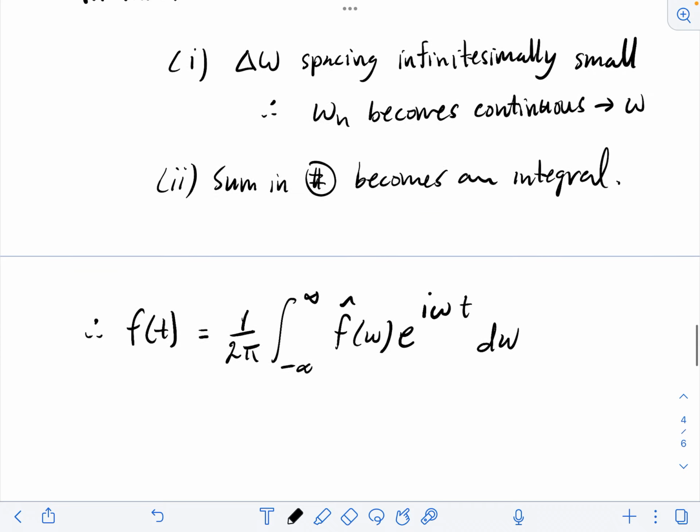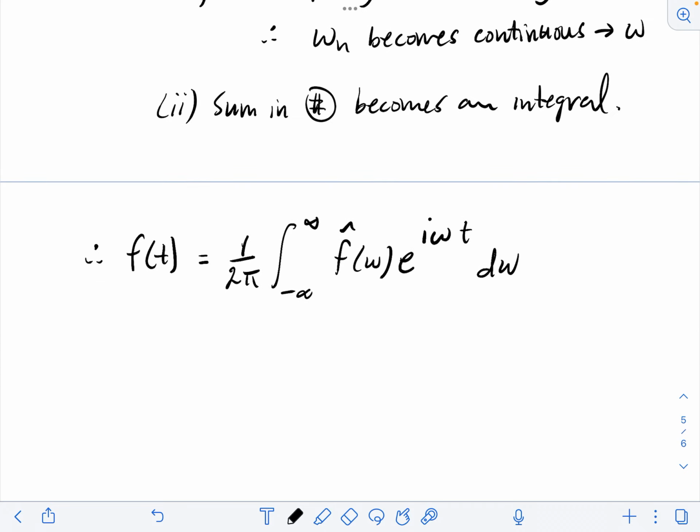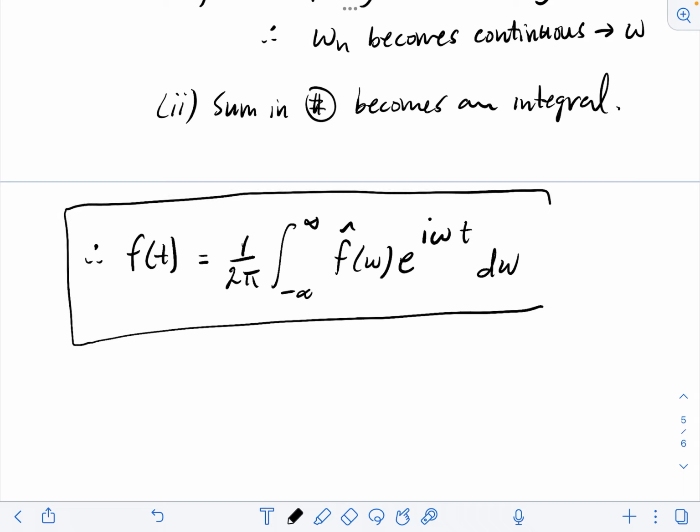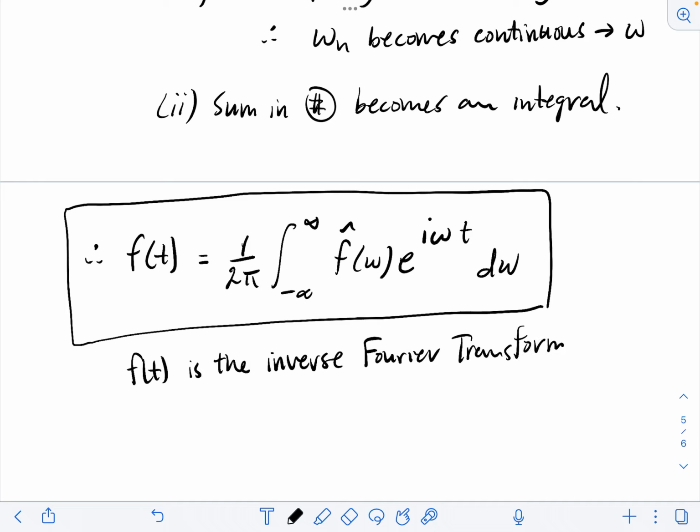So this is called the inverse Fourier transform. f of t is the inverse Fourier transform of f hat of omega.